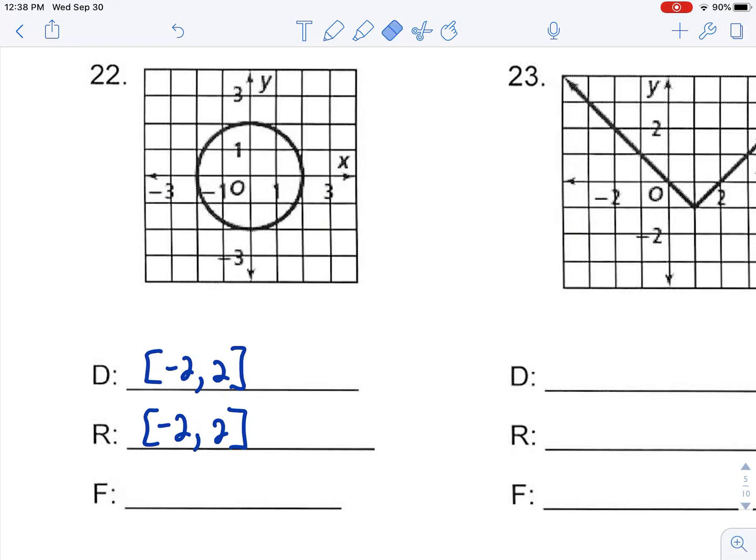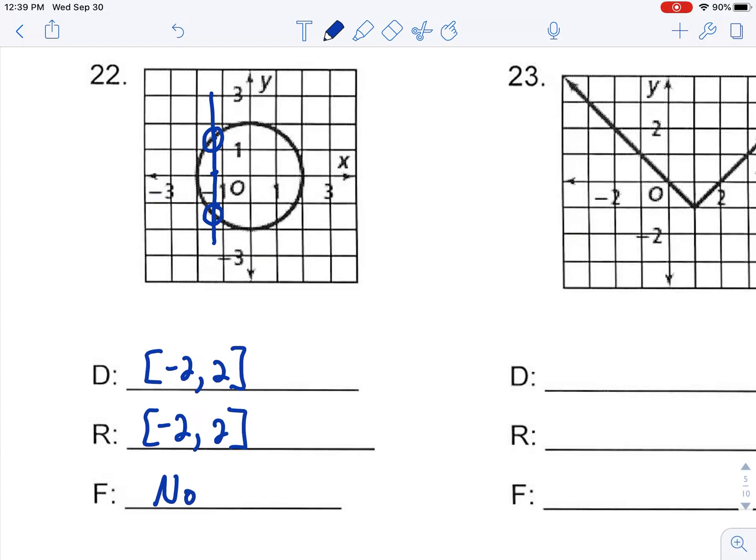And let me erase some of this. Now, is this a function? Let's do a vertical line test. Okay, I drew one vertical line and already this graph fails the test. It touches a vertical line twice. That means an x value is being used more than once. So here's our first example of a continuous relation that is not a function.